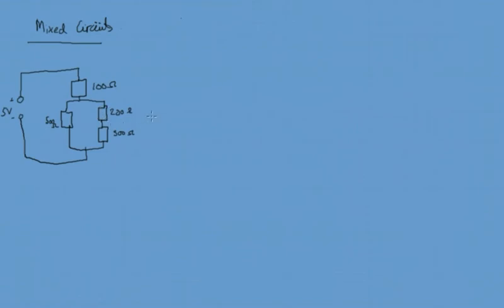So for this part here, the total resistance in this arm of our circuit is going to be using the formula for series, so it's 200 plus 300, which is 500 ohms.